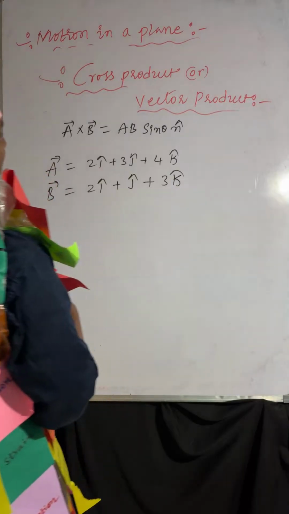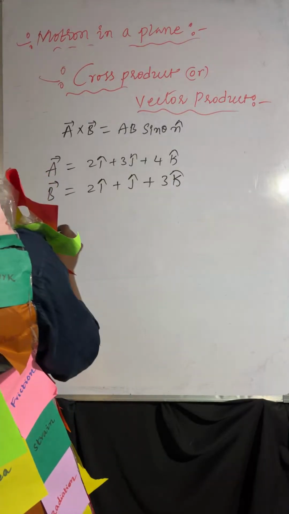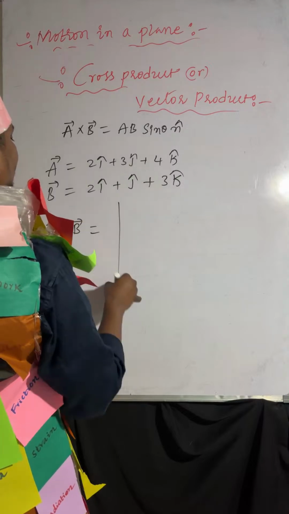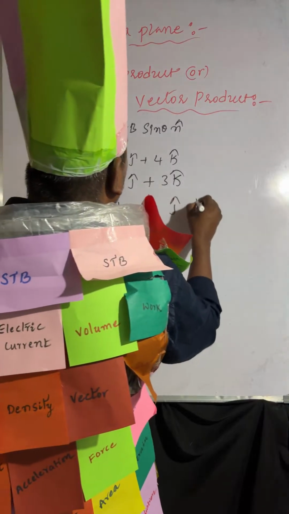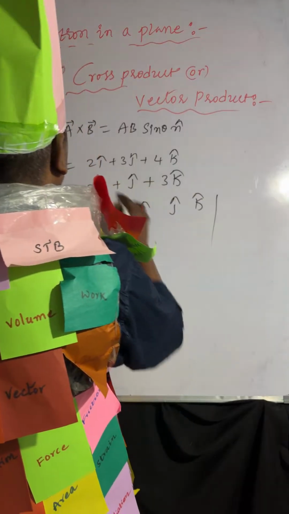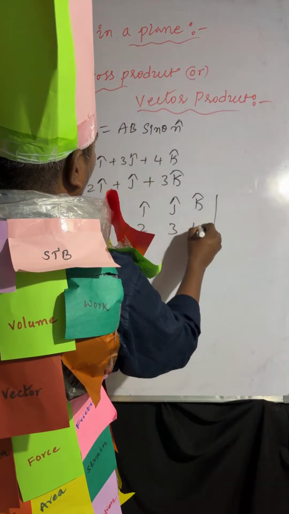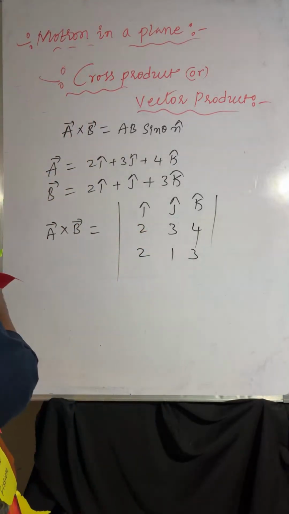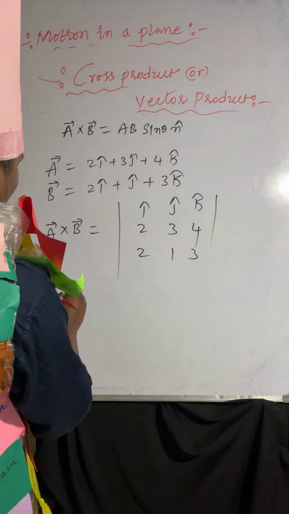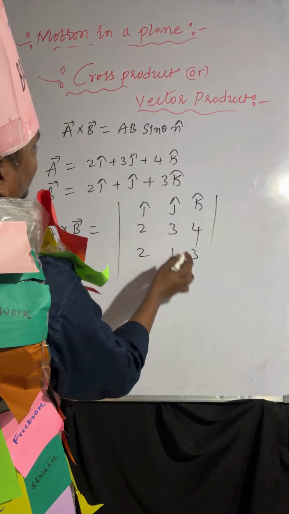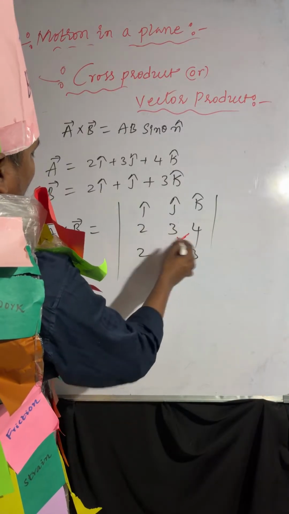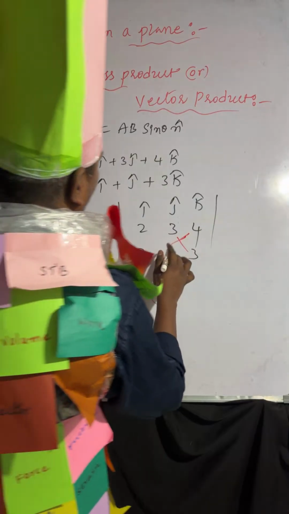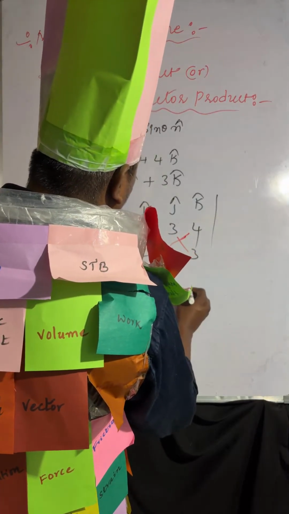Now you have to find a bar cross b bar. Write i cap, j cap, k cap, then 2, 3, 4 and 2, 1, 3. For i cap, remove this column and take the 2 by 2 matrix: 9 minus 4, then minus j cap times 6 minus 8.